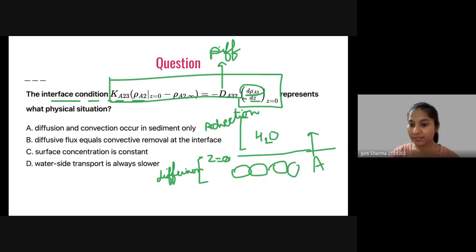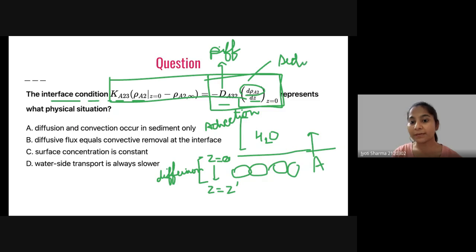Let's say this is z is equal to 0, and here z is equal to some z dash. With the distance, there is some gradient of the concentration of pollutant A. This is your sediment side.